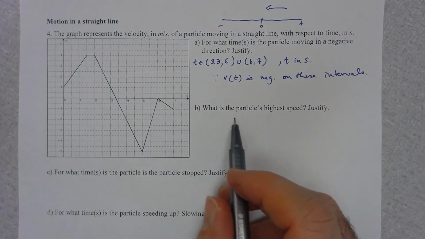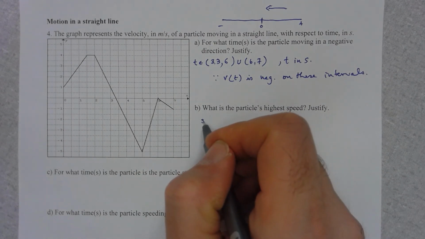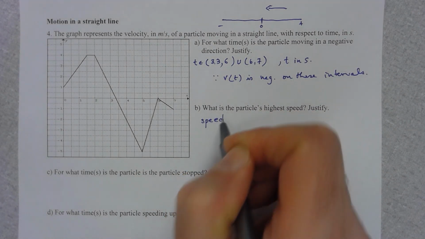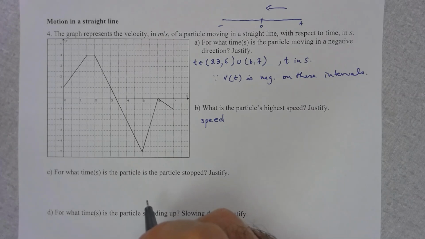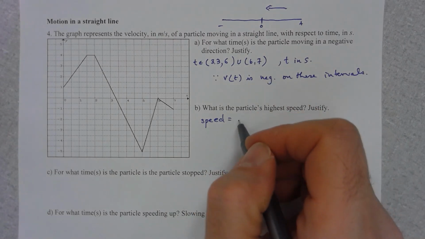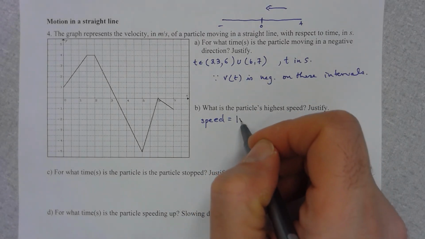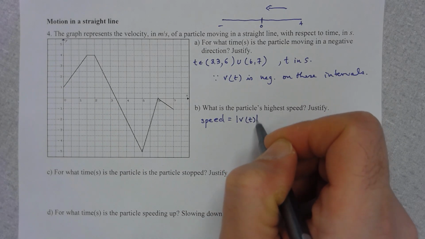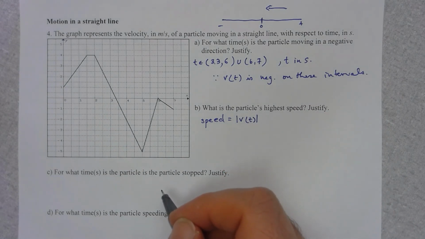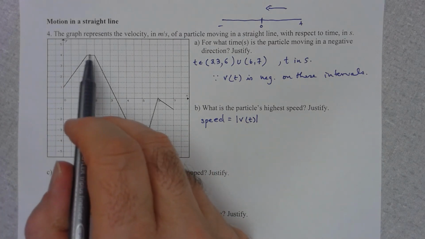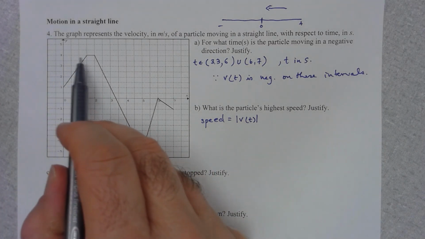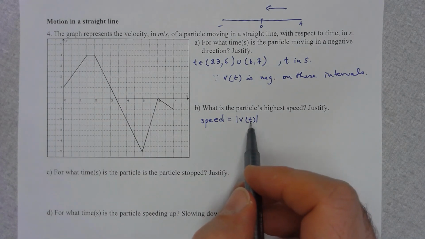So here, the highest speed. Remember that speed is not the same as velocity. Velocity incorporates a direction. The speed is just given by the absolute value of the velocity. So just how fast you're going, as opposed to how fast and in what direction. While I see that the highest velocity attained is 4, what I want to look at is the absolute value of v of t.